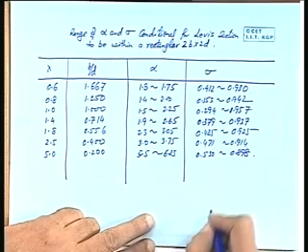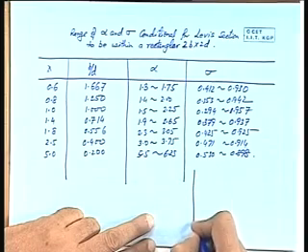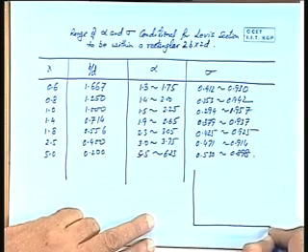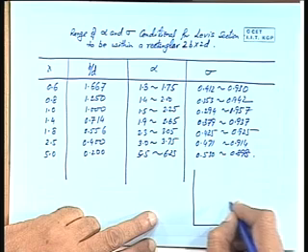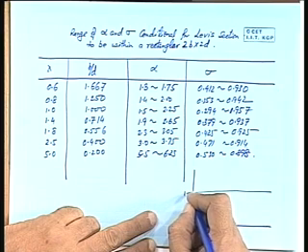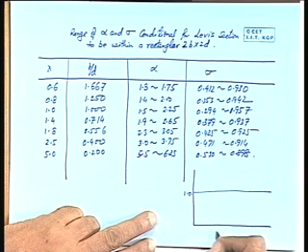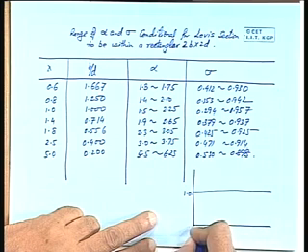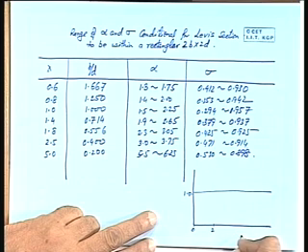Now, just as an example, if this is 1, 0, 2, 4, 6, 8, this is the b by d ratio.